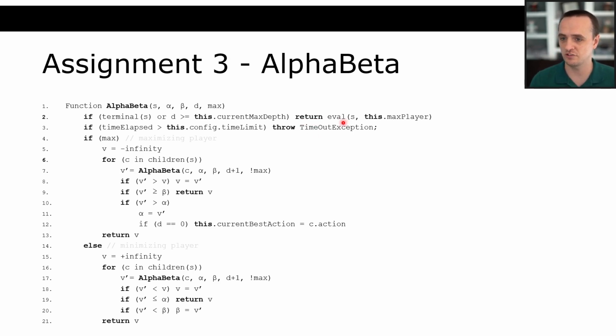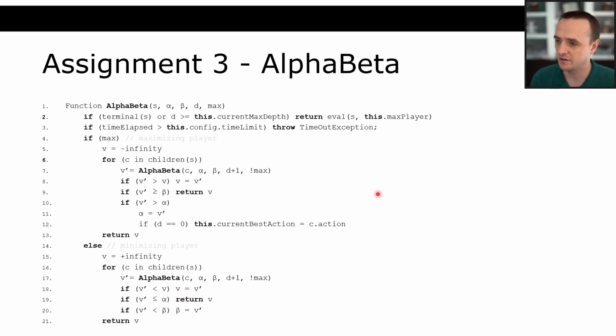It's a leaf node in my search tree. Otherwise, if my time elapsed is greater than the current config's time, throw a timeout exception. So that's how I stop my search, is I just throw a timeout exception. Otherwise, if I'm maximizing, do the maximizing step of AlphaBeta, or if I'm minimizing, do the minimizing step of AlphaBeta.